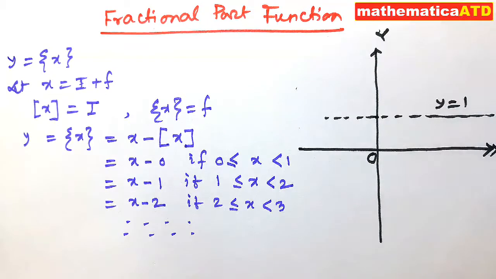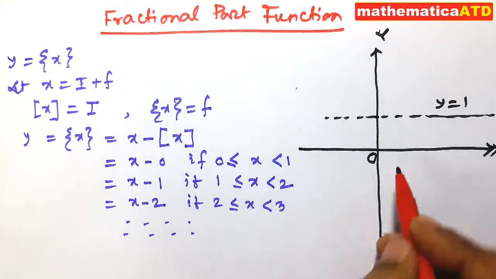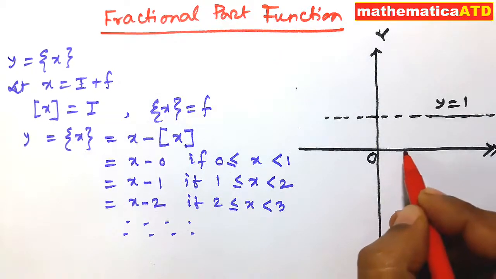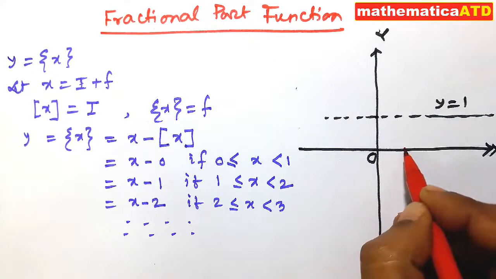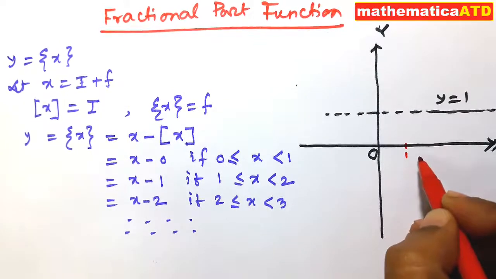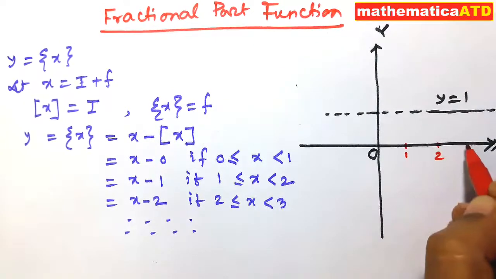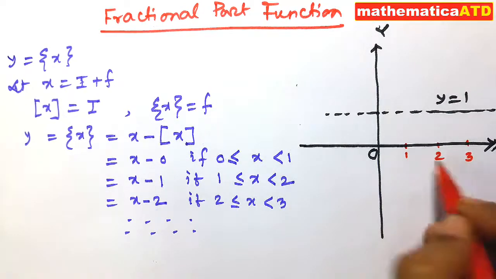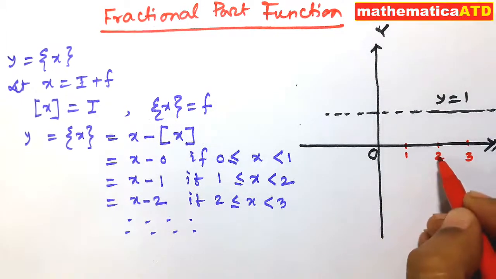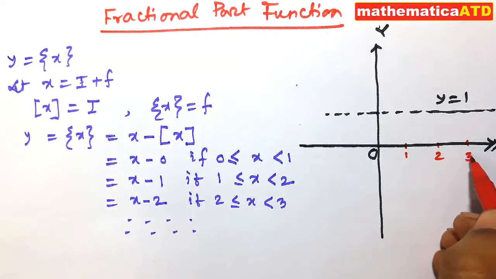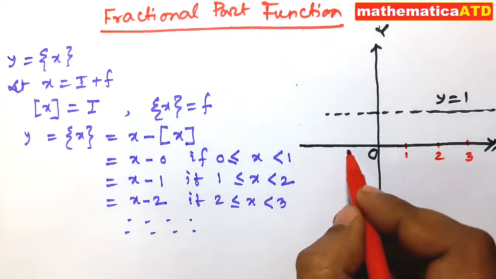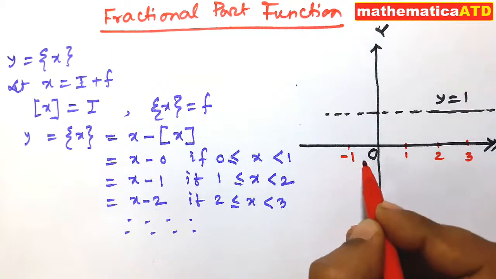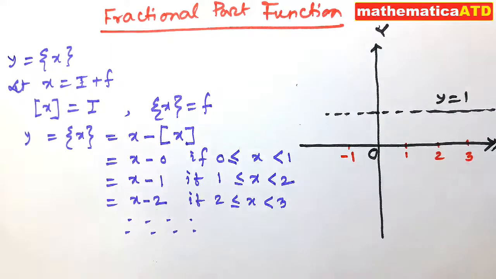Now friends, if I take some points on the x-axis, say this is 1, 0, this is 2, 0, this one is 3, 0. Actually this is 1, 0, this is 2, 0, this is 3, 0. On the left side also you can write minus 1, 0.